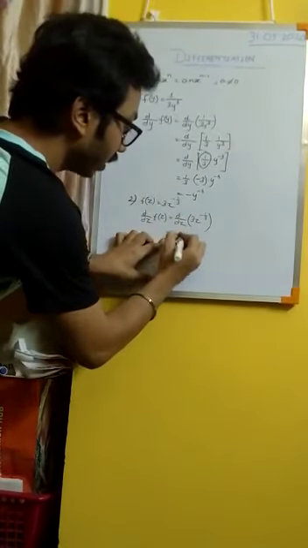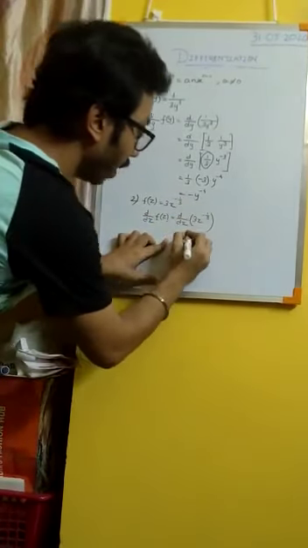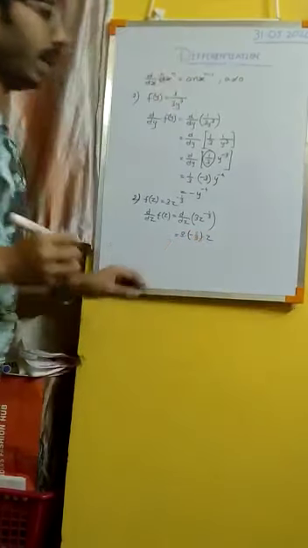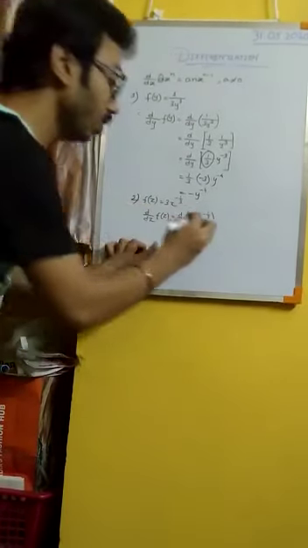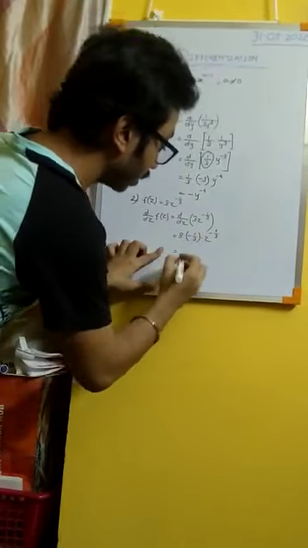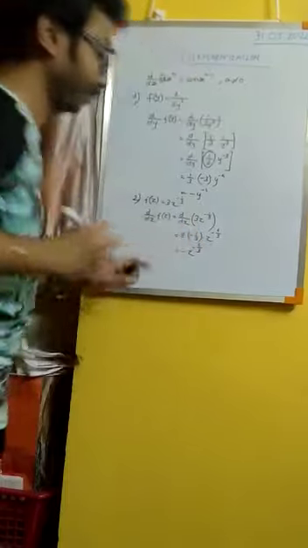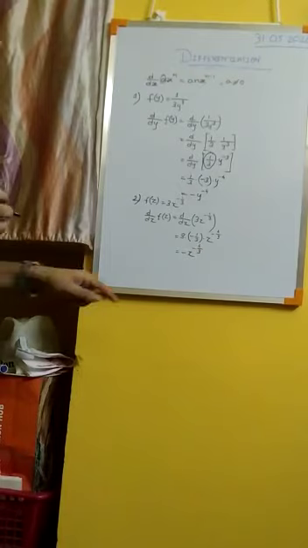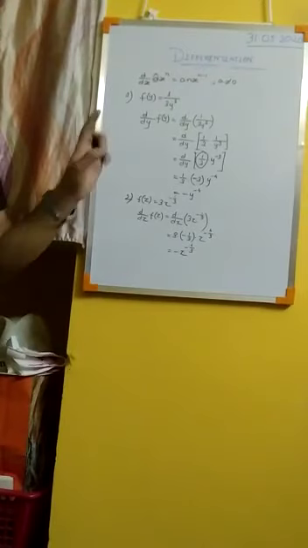Now we can write 3 into minus 1 by 3 into z to the power n minus 1, which is minus 1 by 3 minus 1, which is equal to minus 4 by 3. Now reducing this, we have minus z to the power minus 4 by 3. So the differentiation of 3z to the power minus 1 by 3 is minus z to the power minus 4 by 3. I think it is clear.